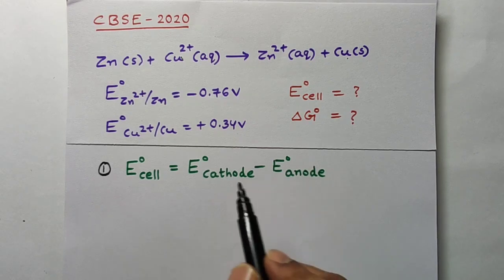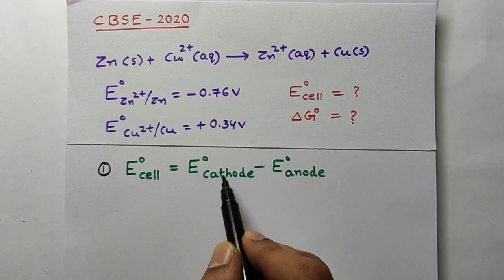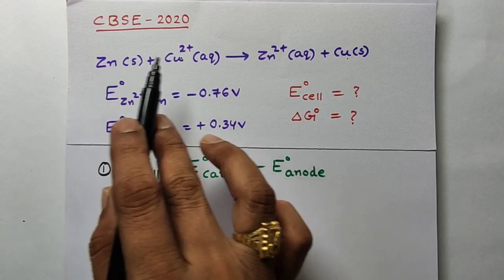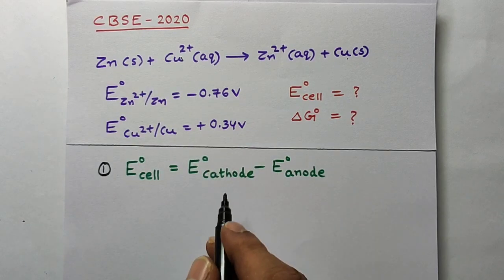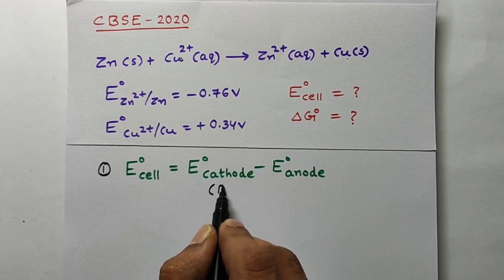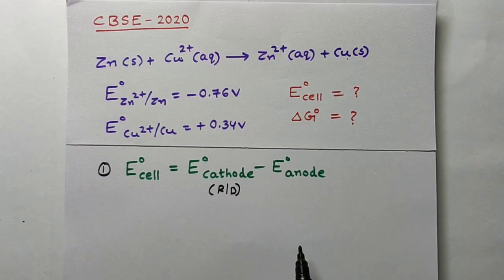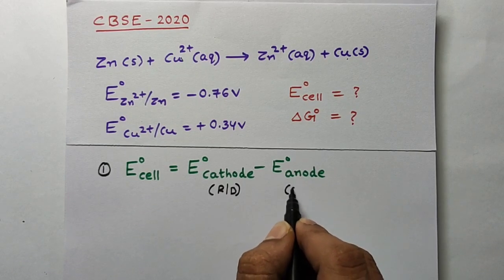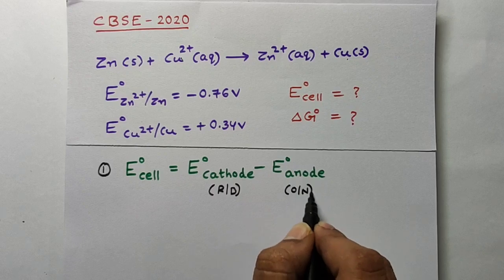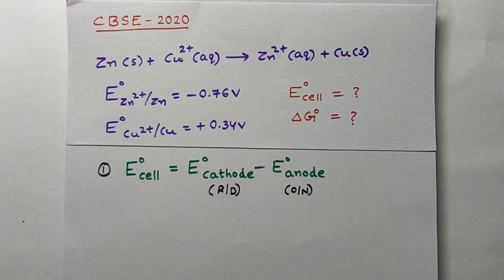Now we have a question: how to find out which is cathode and which is anode, because here zinc is given, copper is given, right? So remember, the electrode where reduction takes place, you can take as a cathode. The electrode where oxidation takes place, you can take as an anode. Got it, right?